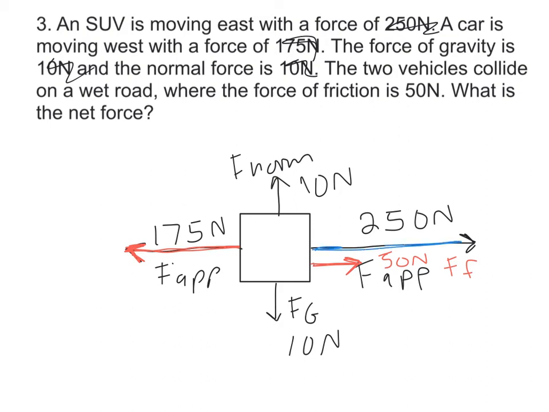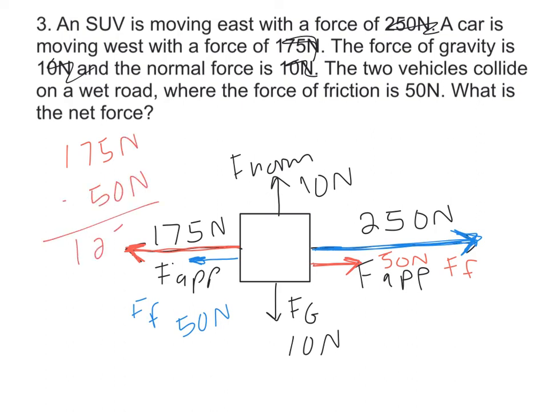My SUV I will draw in blue. I have 250 newtons of force for the SUV going east, and there's also 50 newtons of friction going against. So I have to take 175 newtons minus 50 for friction, and that leaves me 125 newtons for the car.